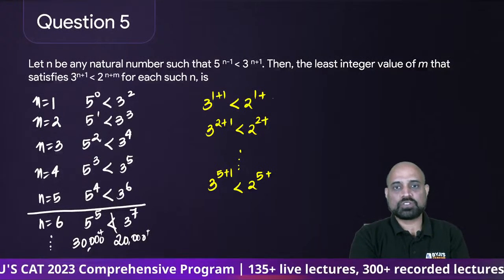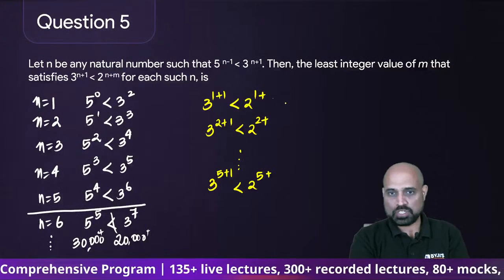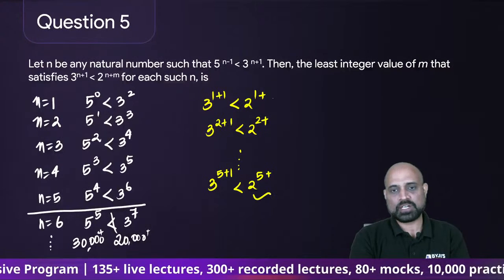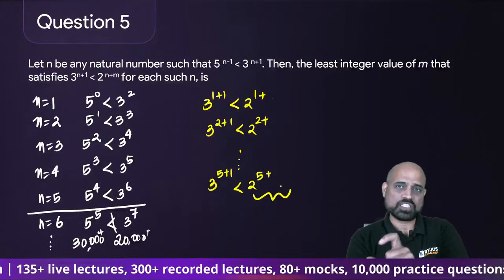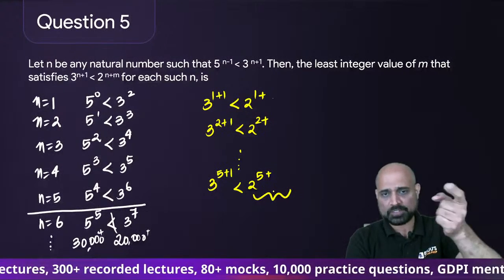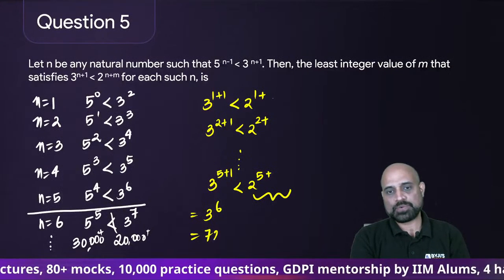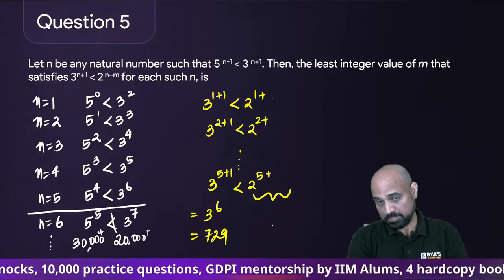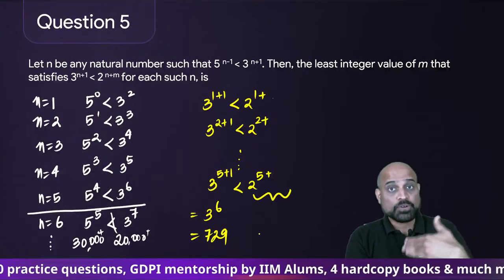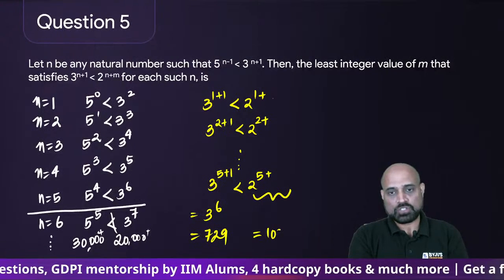Now look here, 3 square is less than something. What I am trying to do is maximize this, because if this is maximum, the same number goes everywhere. Now this turns out to be 3 to the power 6, which is 729, and among powers of 2, the number bigger than 729 is 1024.